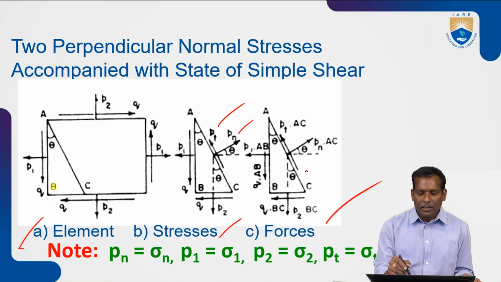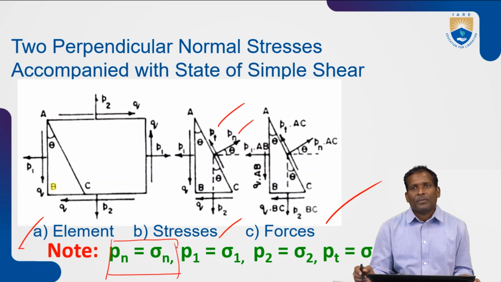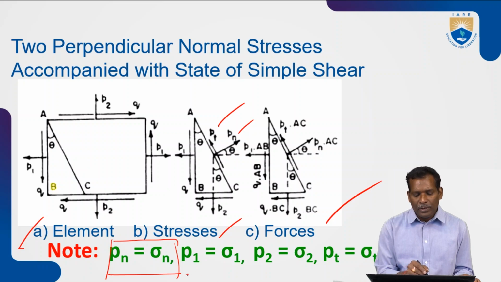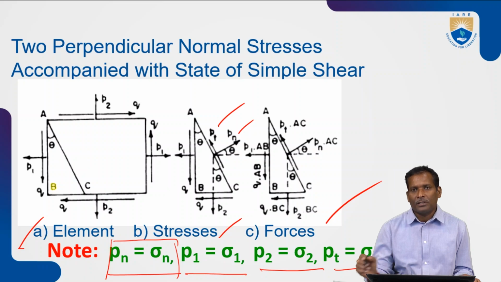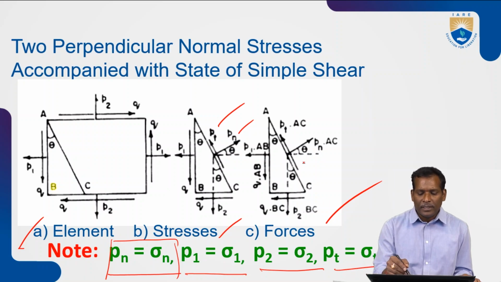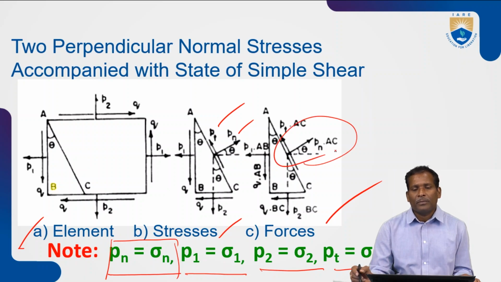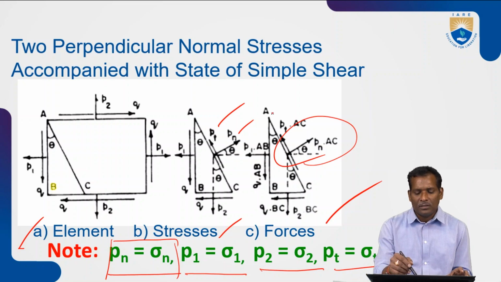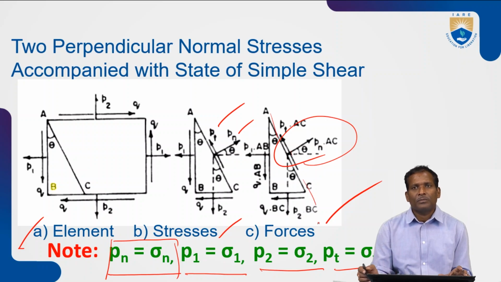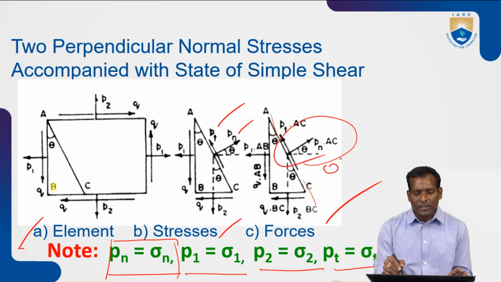So here calculate Pn is equal to nothing but sigma n, P1 is equal to sigma 1, P2 is equal to sigma 2 and Pt is equal to sigma t. So whenever you are calculating stress on the inclined plane, Pn is into AC at this plane. So Pn is nothing but sigma n AC.